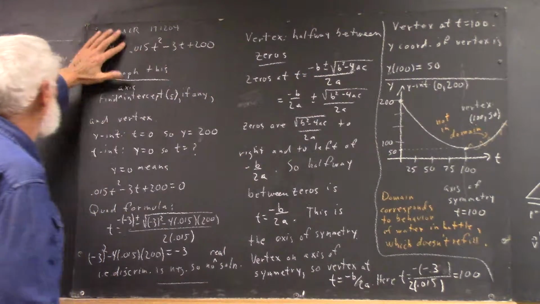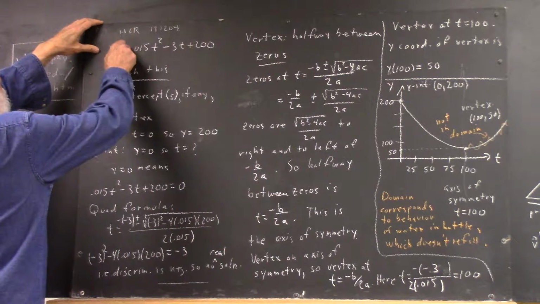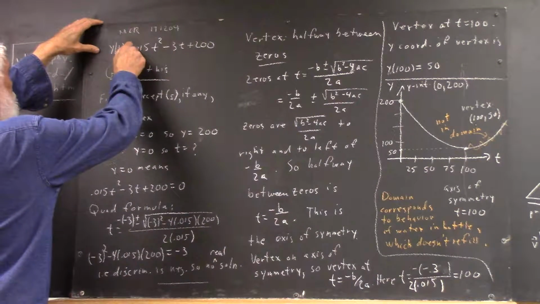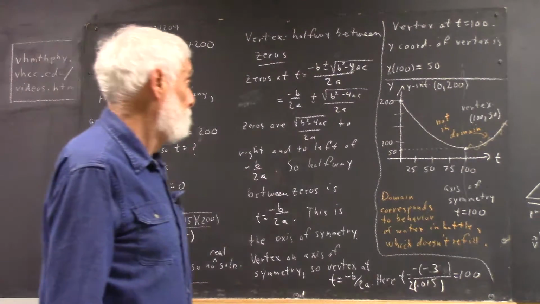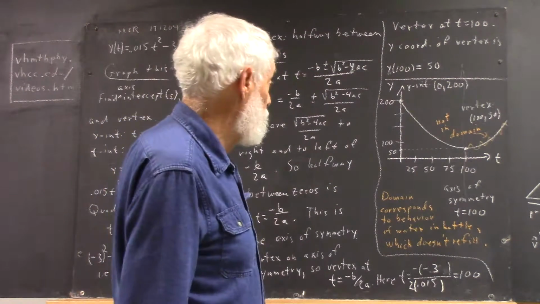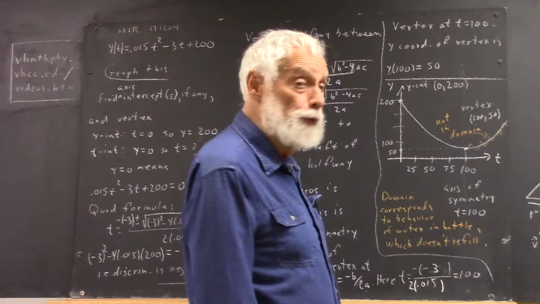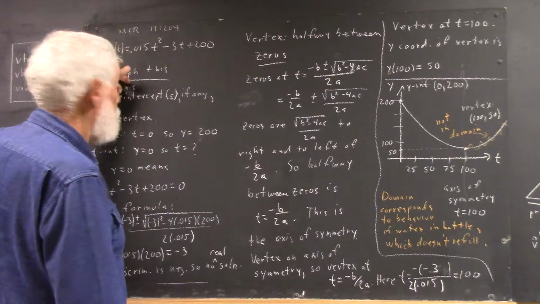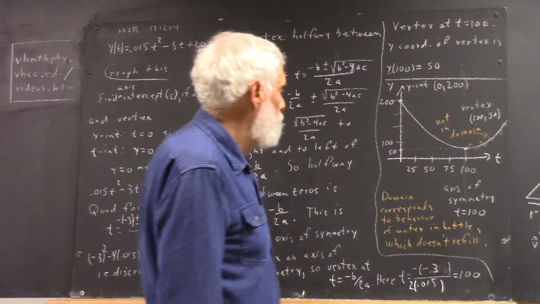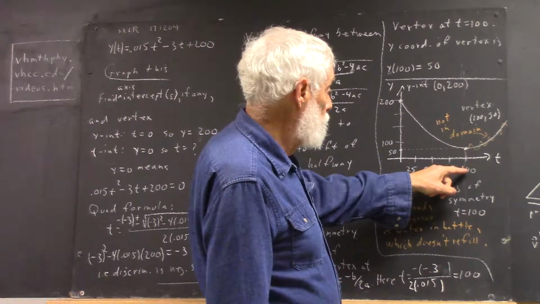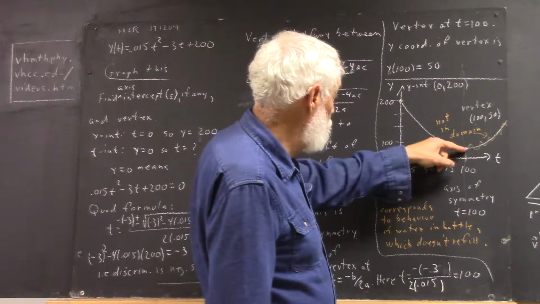Okay? Now, if I was going to be real consistent, I should have called this y of t, but that's implicit in the context of everything we've been doing. Still, I'll make that little change. Okay, so y of 100 is 50. Replace t with 100, you get 50. So the vertex is going to occur when t is 100 and y is 50.